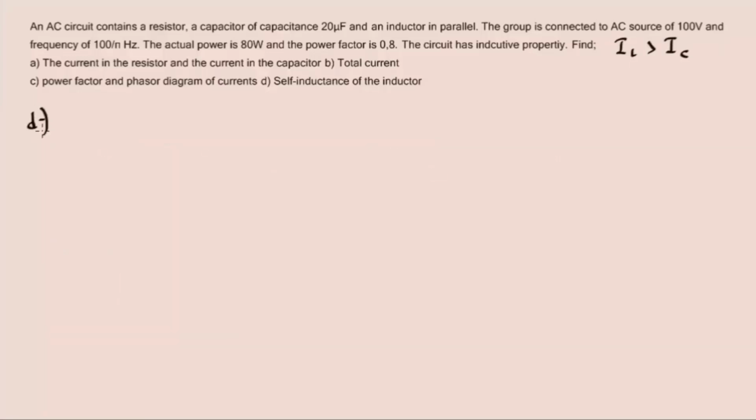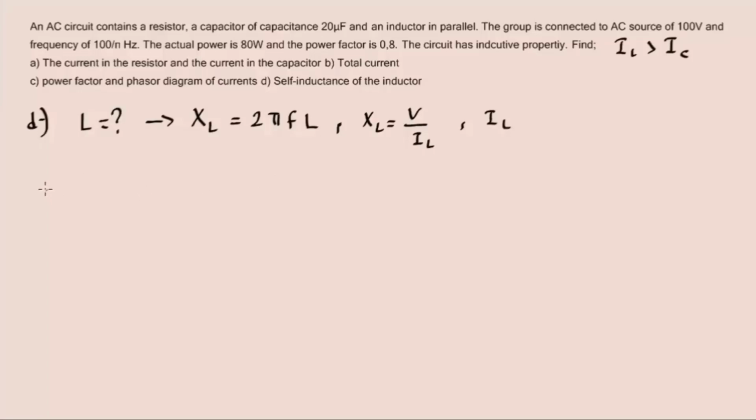And D says self-induction of the inductor. That means we have to calculate L. How can we calculate L? From XL. XL equals 2 pi F L, and XL equals V over IL. So I have to calculate IL.